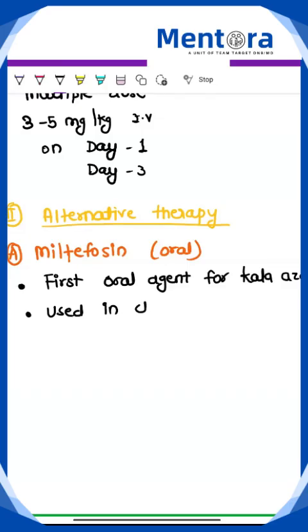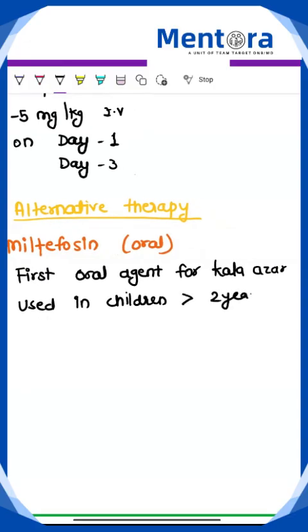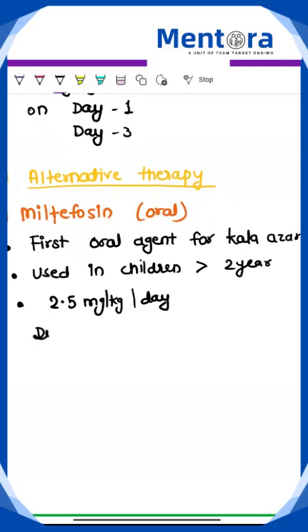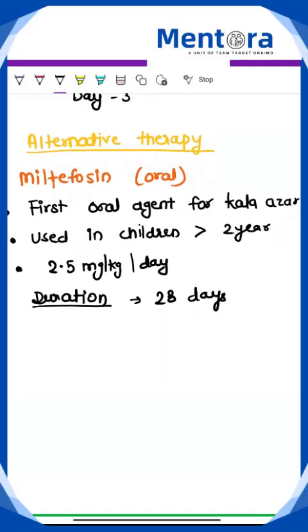It is used in children more than 2 years of age. The dose is 2.5 mg per kg per day, and the duration is long, for 28 days. Side effects are GI intolerance, and it is teratogenic.